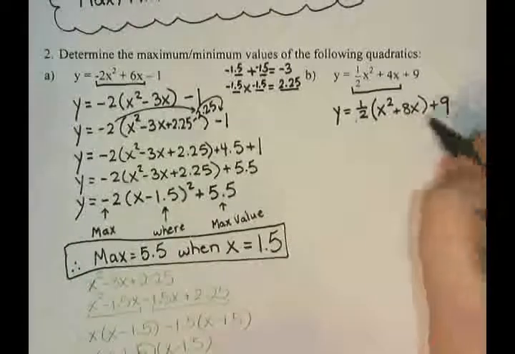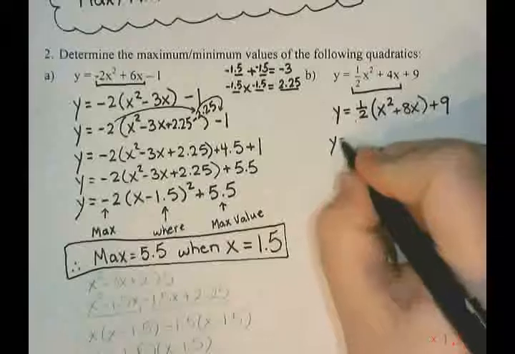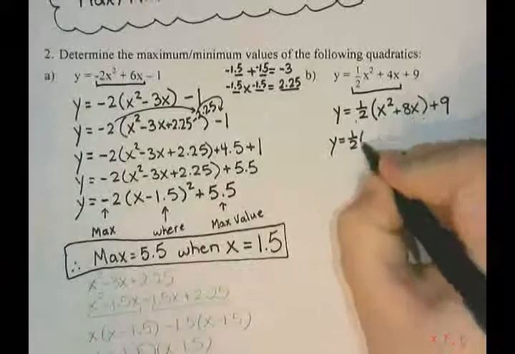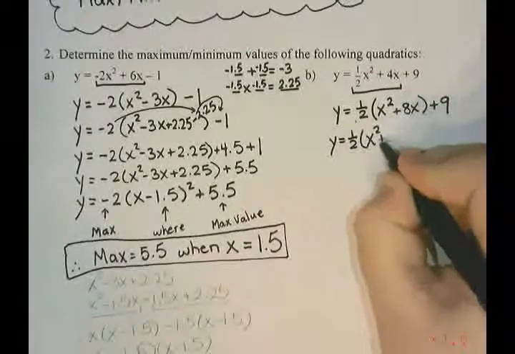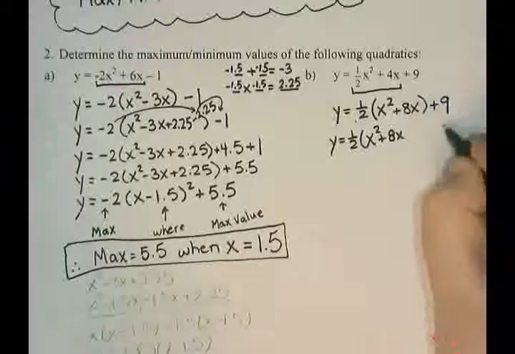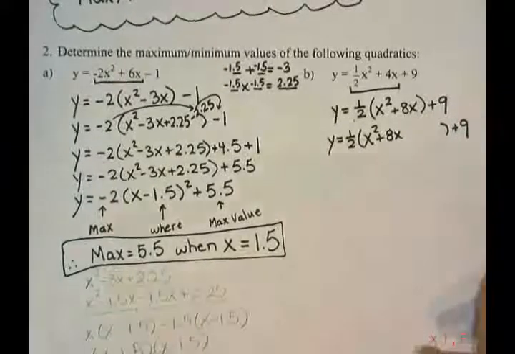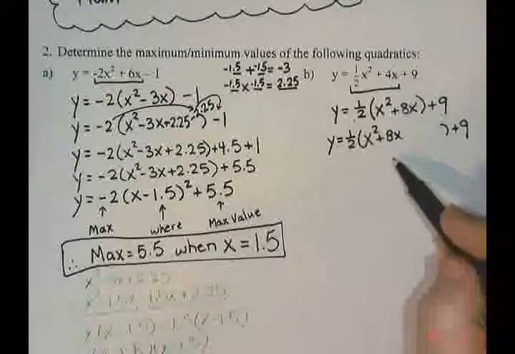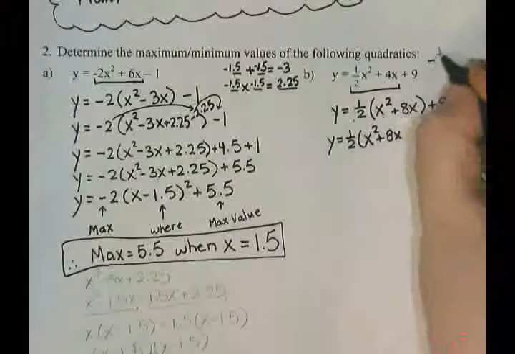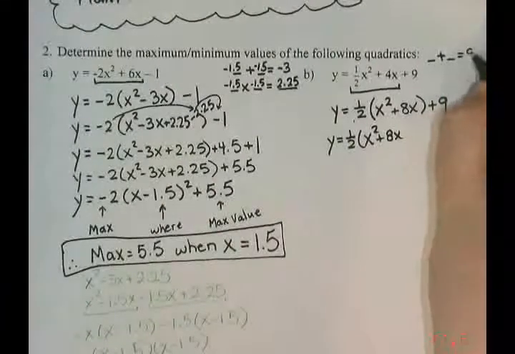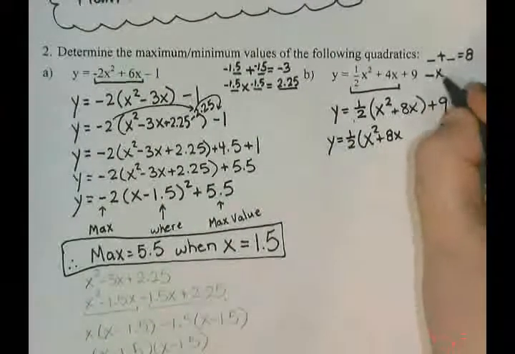I need to find the number that's going to make this a nice factorable trinomial. So I'm going to stretch it out into 4 terms, actually 3 terms, but we always end up with that extra piece. I'm going to look for 2 numbers that add to 8. They need to multiply to something.